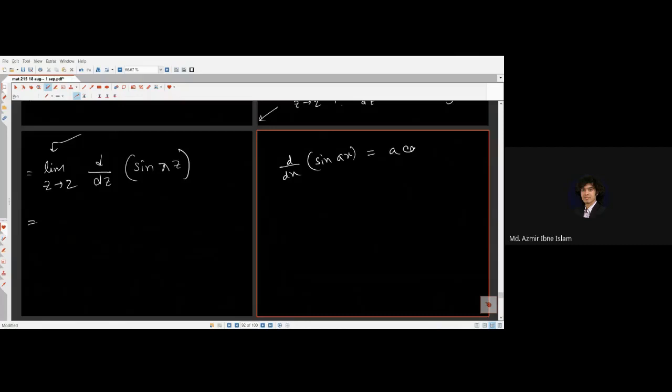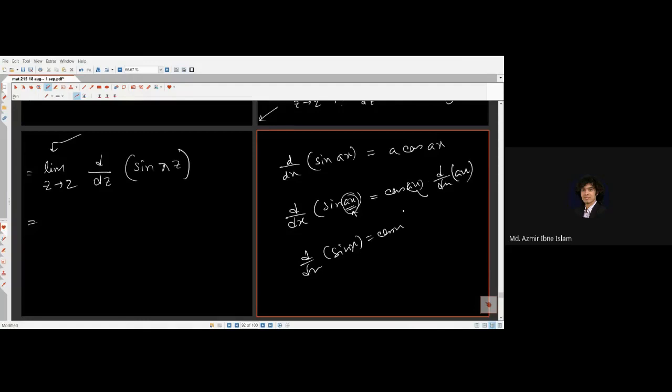It will be a cosine ax, right? Yes, sir. Or we can apply the chain rule. Suppose we just know d dx of sine x is cosine x. Consider this part as x, so differentiation of sine x is cosine x. The part that you have considered should then be differentiated again. So finally cosine ax, and differentiation of ax is a. So we can establish this formula.